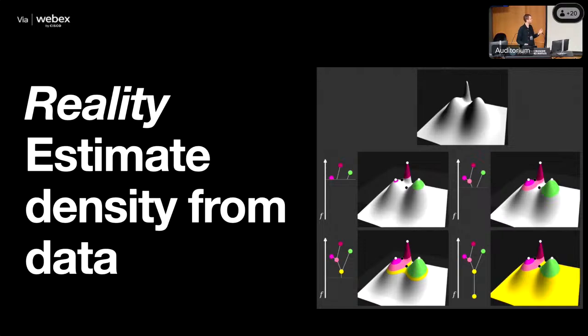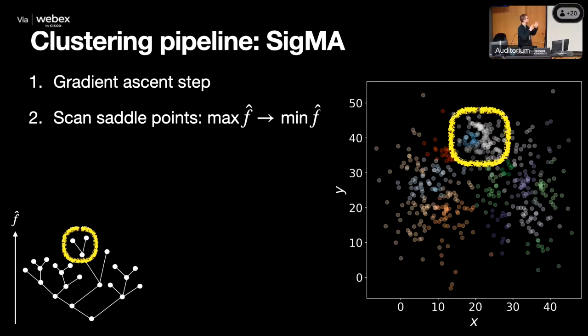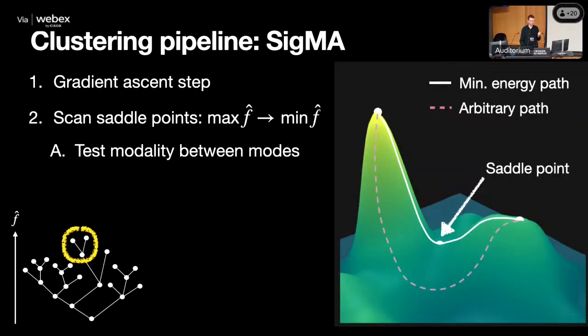This is very useful, but of course we don't have access to the true density. We only have access to noisy estimates of our density, so we also have quite noisy gradients. This typically leads to an over-clustering of our input space, and what we want to do is prune this cluster tree. In our algorithm, we run through the maximum density saddle points from top to bottom, and at each point ask ourselves whether we should merge these two clusters or not.